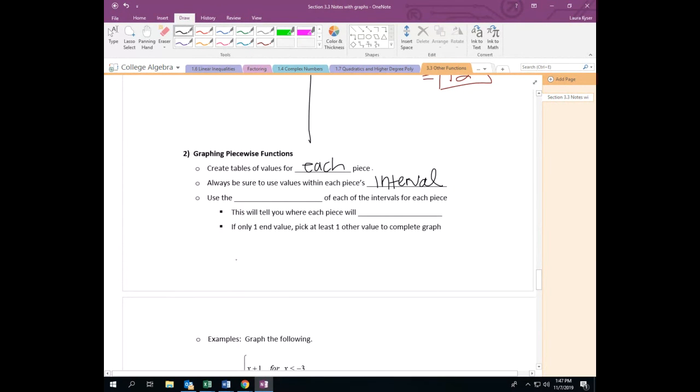So the values that are listed, we want to include. This kind of gives you an idea of where each piece will start and end, unless it's going off to the infinities, then those are just arrows on that end. So we'll say start or finish, depending.